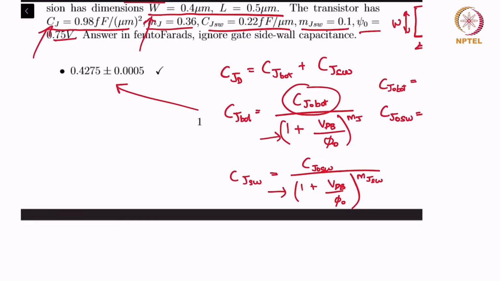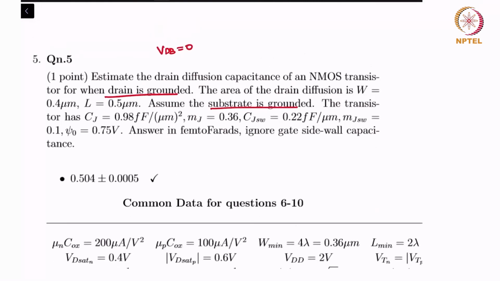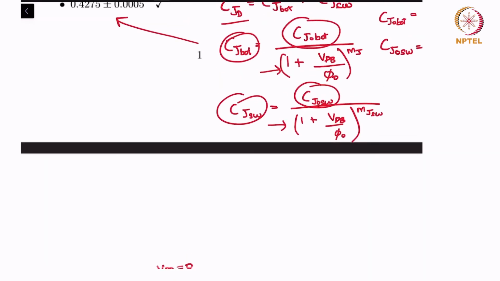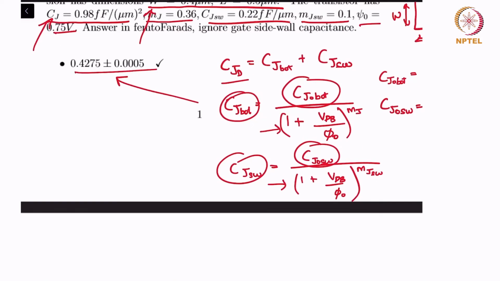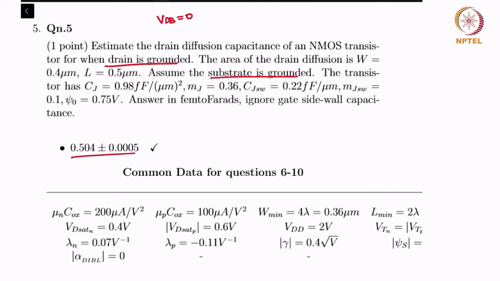Cj naught bottom and Cj naught sidewall will be Cj bottom and Cj sidewall respectively, and the junction capacitance is the sum of those two. And the only thing to note really here is that the value is higher. That is, the more you reverse bias it, the smaller is the capacitance. In here there is no reverse bias and you have a large capacitance.